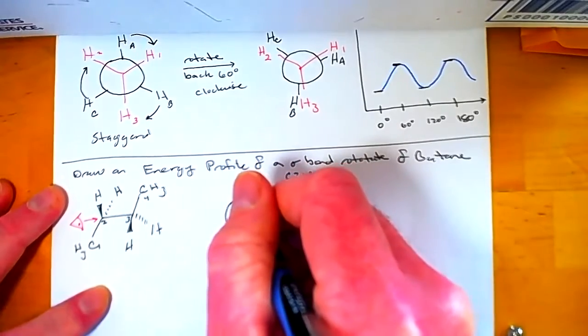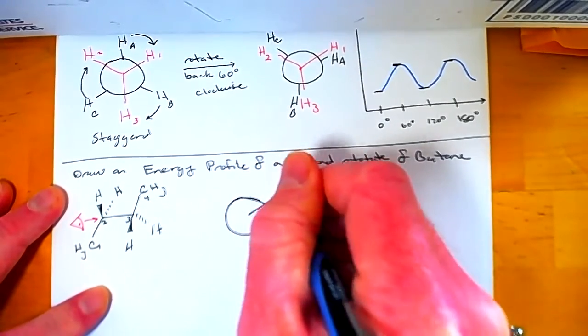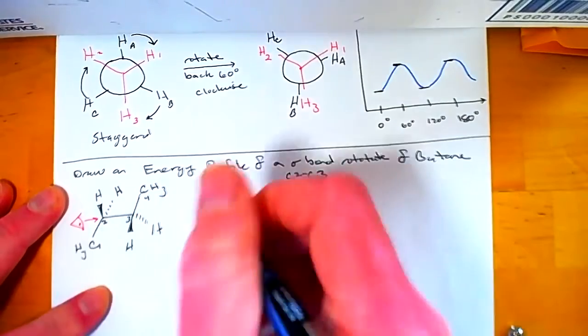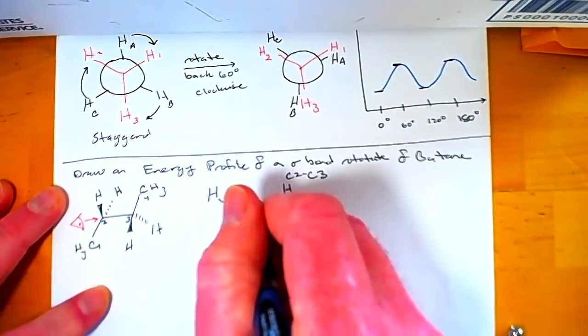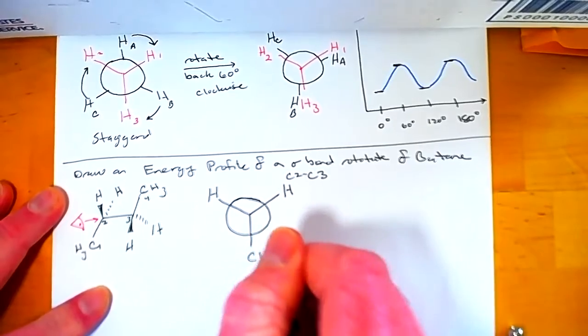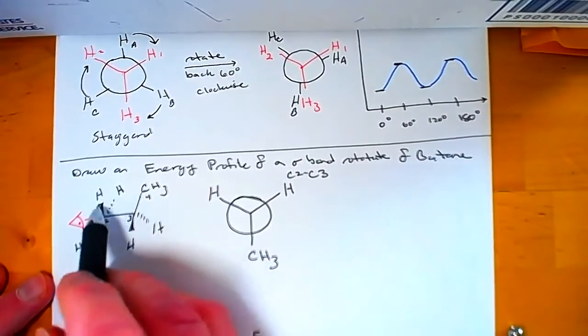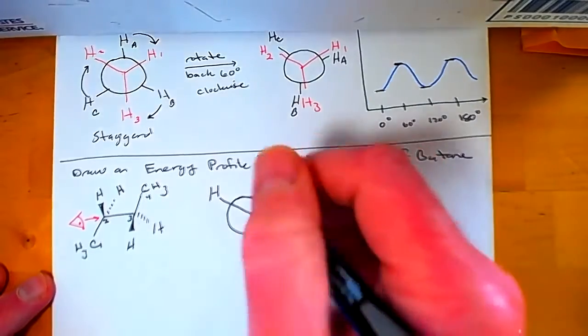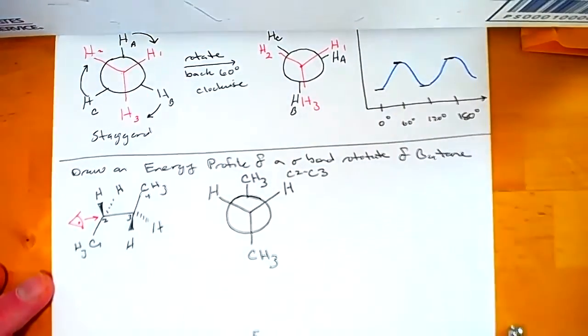Okay, so you're going to start off with drawing a circle. All right, then you're going to have a hydrogen atom that's coming out towards us, 1 hydrogen atom that's going away from us, and then a methyl group that is going straight down. Okay, then in between the 2 hydrogen atoms is this CH3 group, which you would draw just touching the circle.